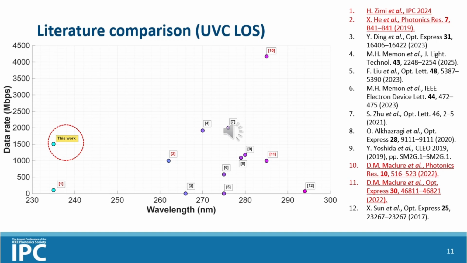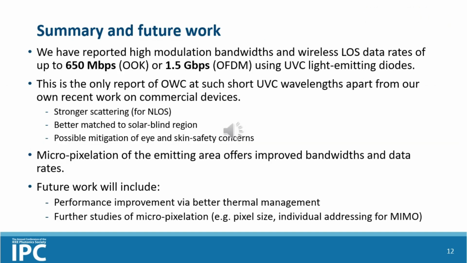Just to summarise, here we've reported the use of short wavelength ultraviolet-C LEDs with peak wavelengths of around 235 nanometers for high-speed optical wireless line-of-sight data communication at data rates up to 1.5 gigabits per second.